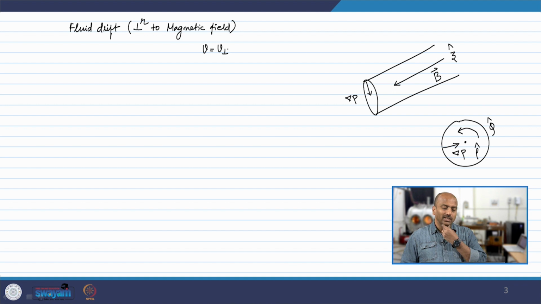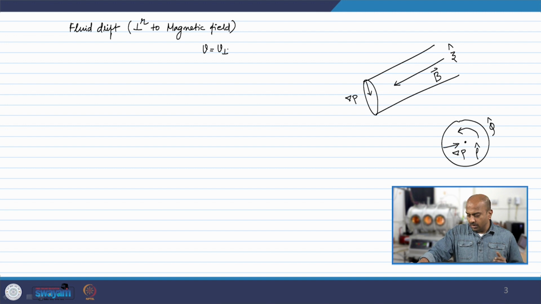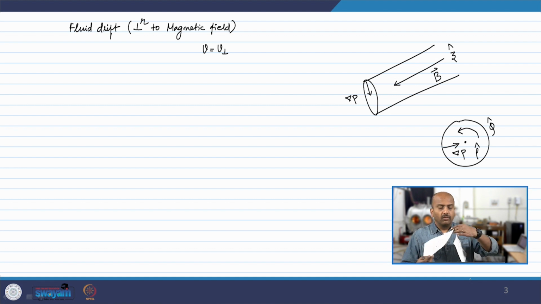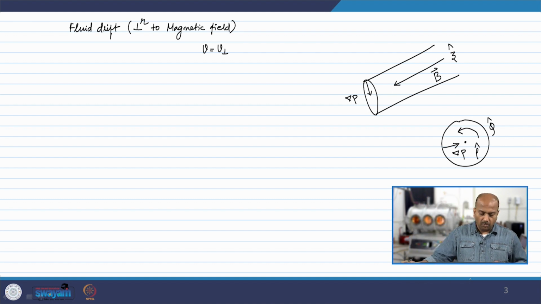Now, we have to consider a limiting condition for the velocity. Let us say the velocity v perpendicular is small in comparison to the cyclotron motion of the particle. Okay. We are limiting the value of v perpendicular to be something that is below the cyclotron frequency or cyclotron motion, right.